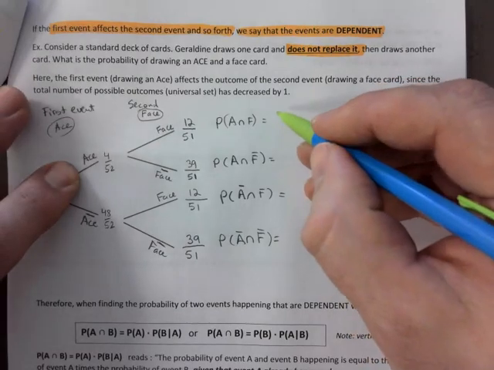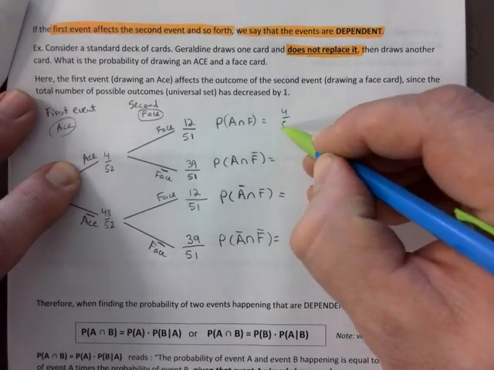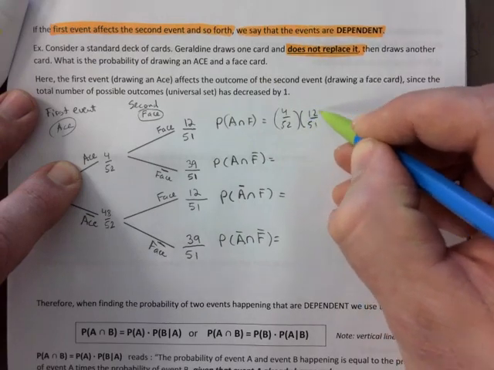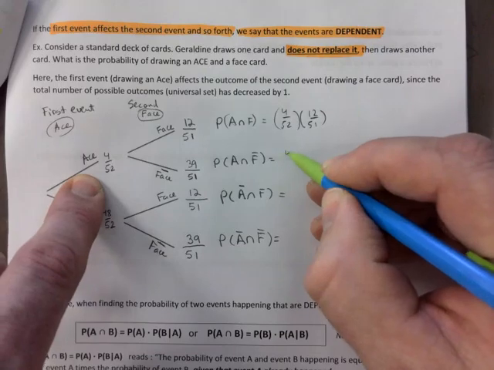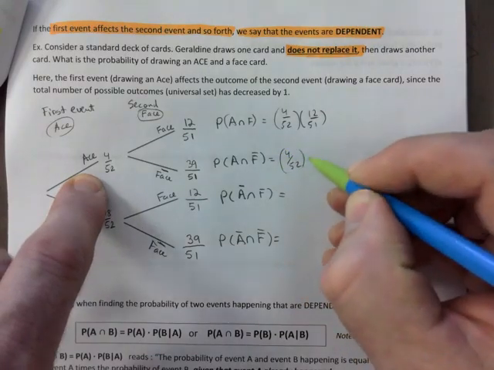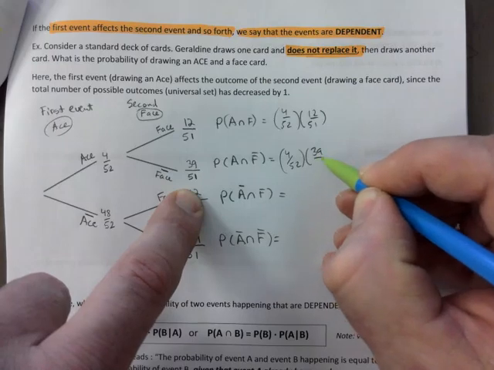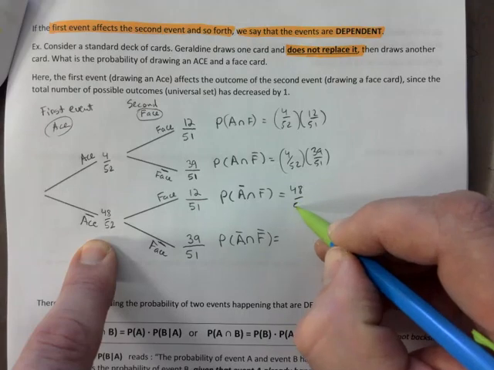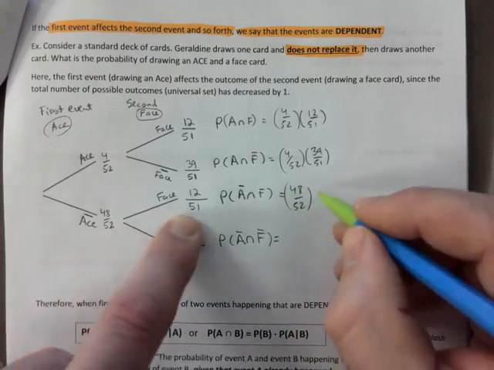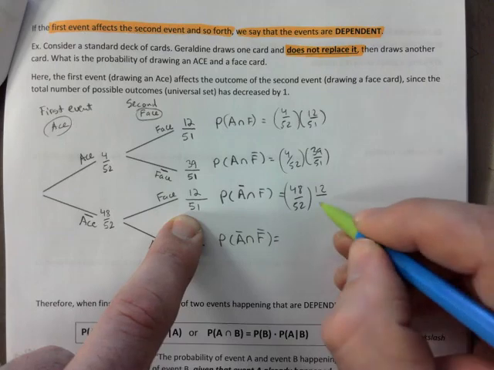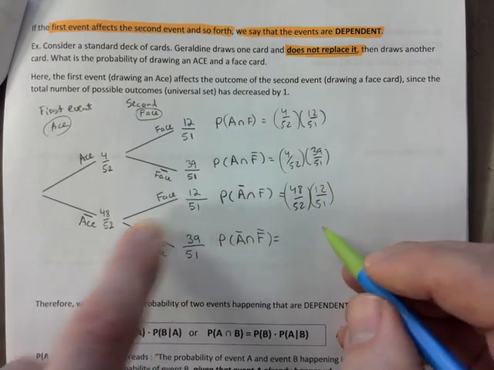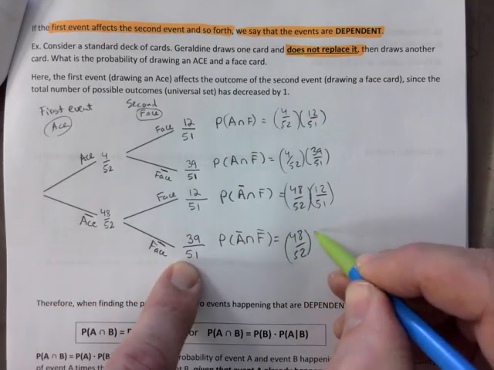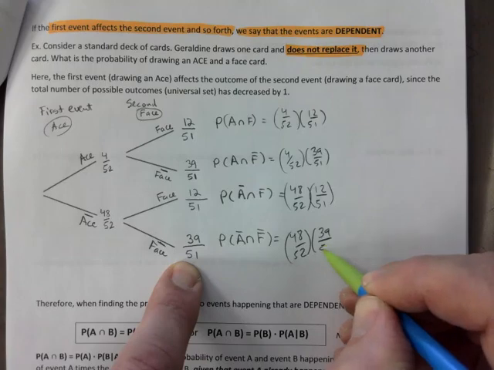So here you have to go 4 over 52 times 12 over 51. 4 over 52 times 39 over 51. 48 over 52 times 12 over 51. 48 over 52 times 39 over 51. Make sure you write this down.